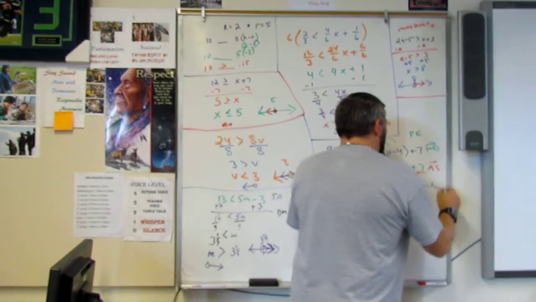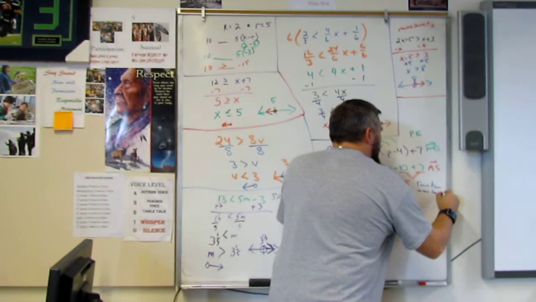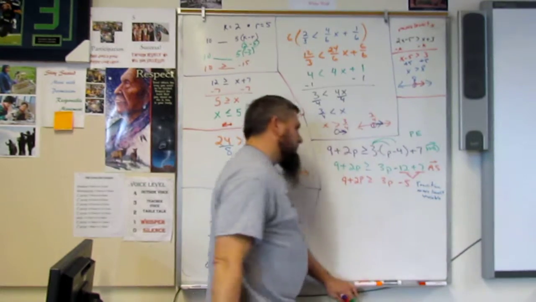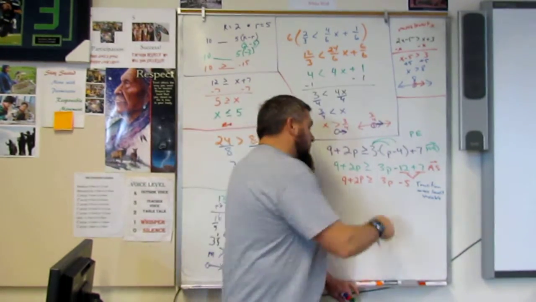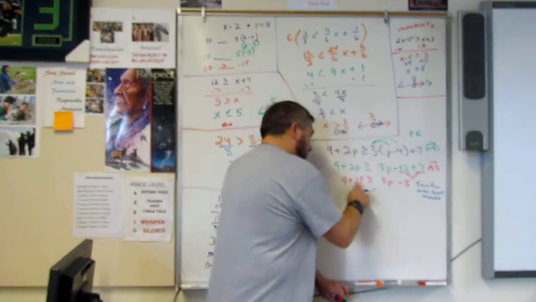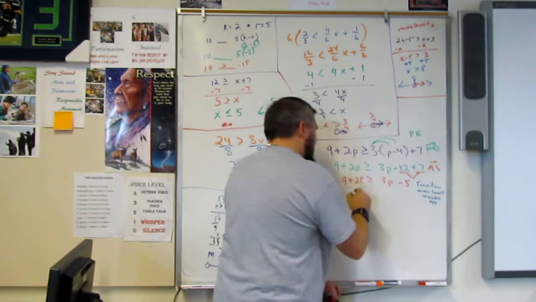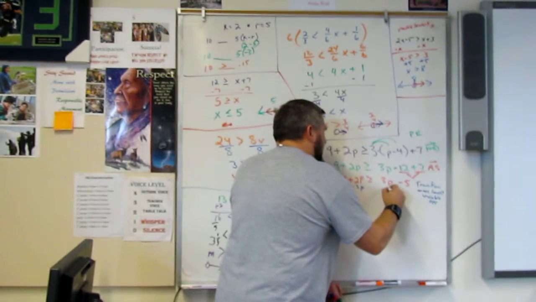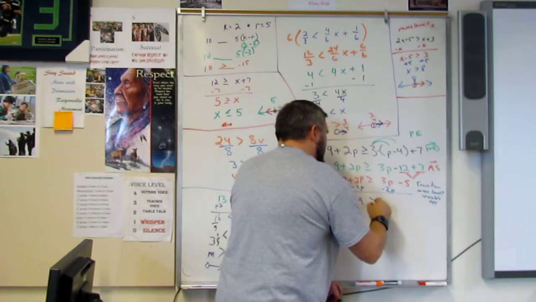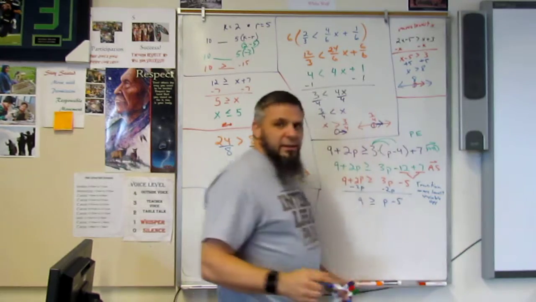Okay? Now, this is your transition. Move the lowest variable. So we're going to move the lowest variable, that's 2p, right? By doing the opposite, minus 2p, minus 2p. So I've got 9 is greater than or equal to p minus 5, right?